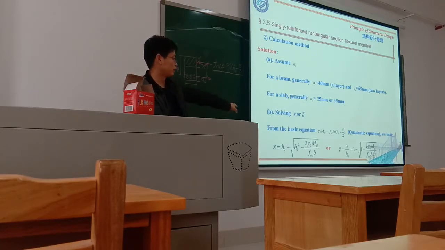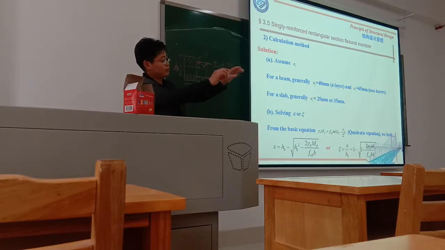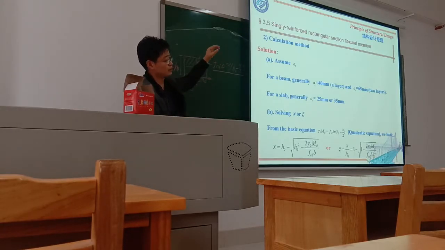Gamma 0 is just a coefficient to strengthen the design moment by 10%, or not improve it, or reduce it a little bit. It depends on whether your structure is important or not.